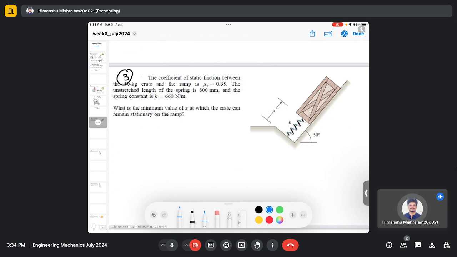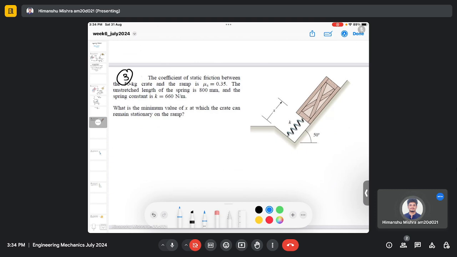As given in the question, there is a crate balancing on a spring, and we are given the static friction, which is 0.35, between the crate and the surface, and the spring constant, which is 660 Newton per meter. We have to find the x at which the crate remains stationary.